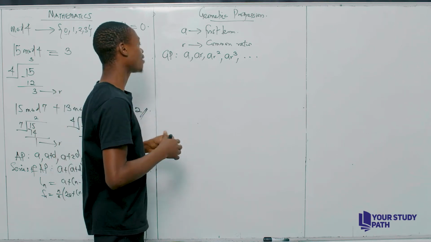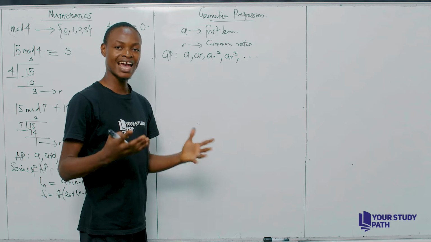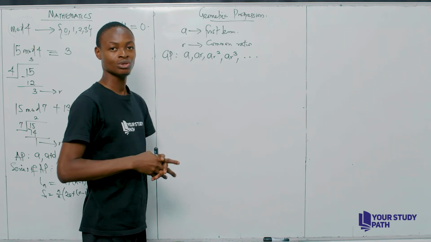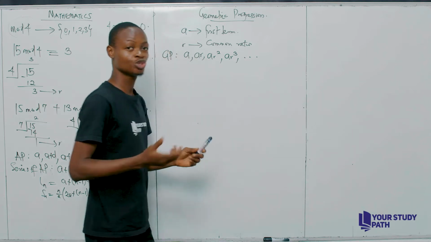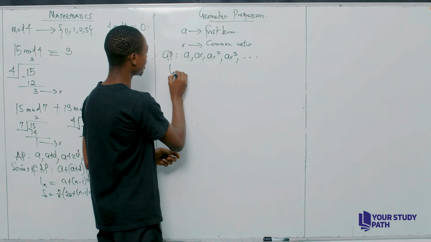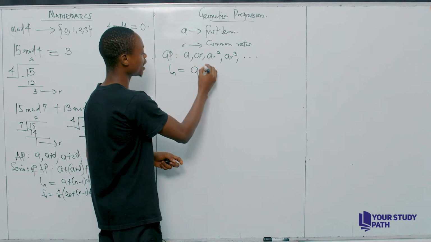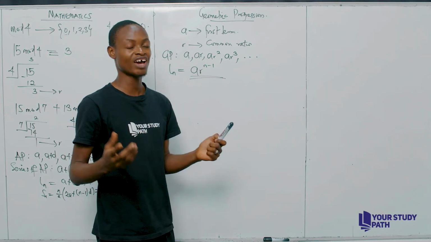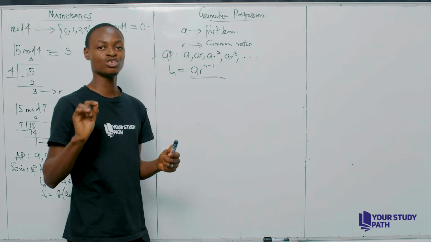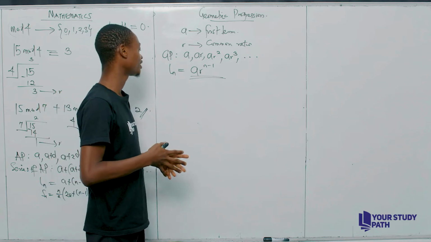We can also talk about the nth term of this geometric progression, just as we have the nth term for our arithmetic progression. Now, for the geometric progression, the nth term ln is given as AR raised to n minus 1. And we can use this to find any term value we need to find.